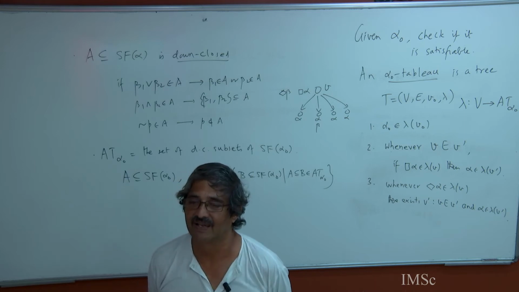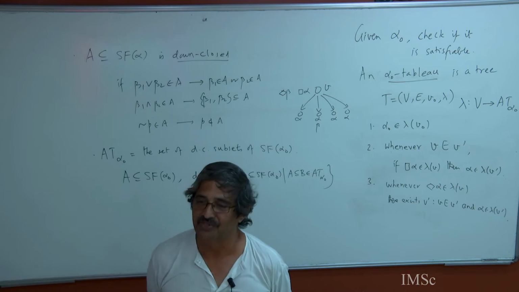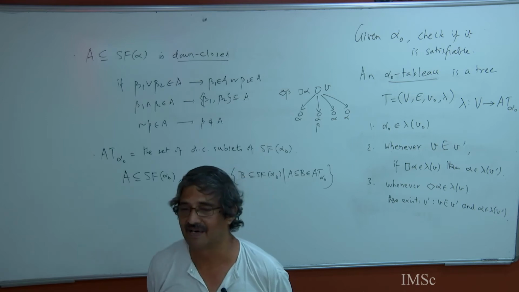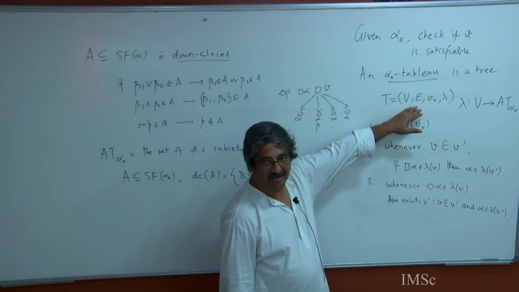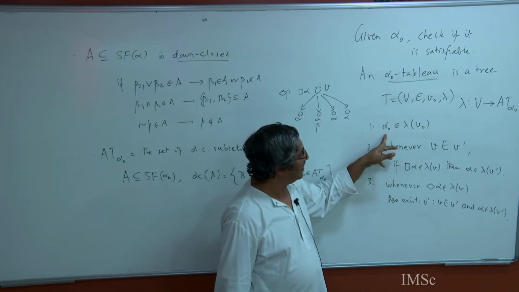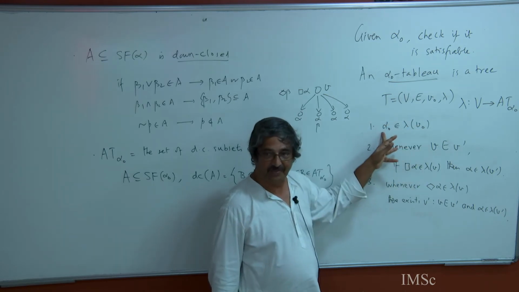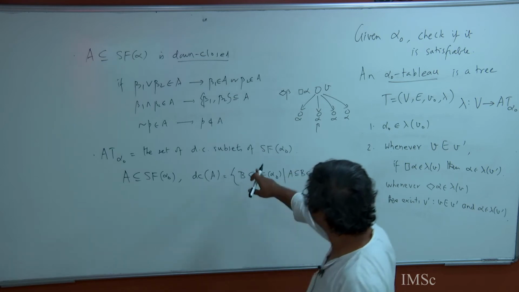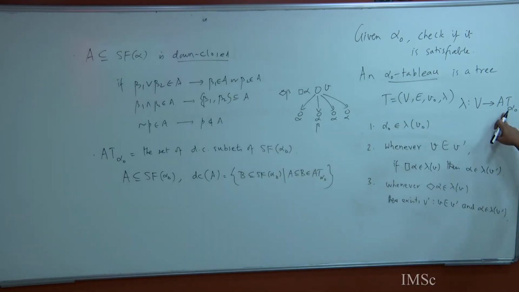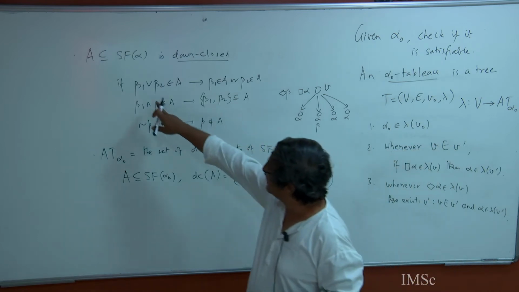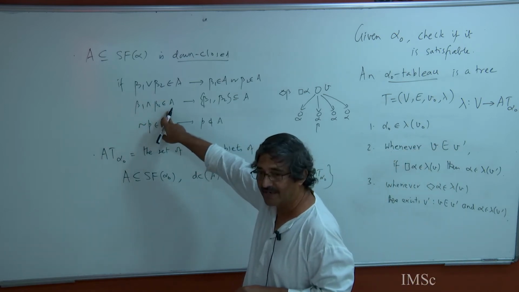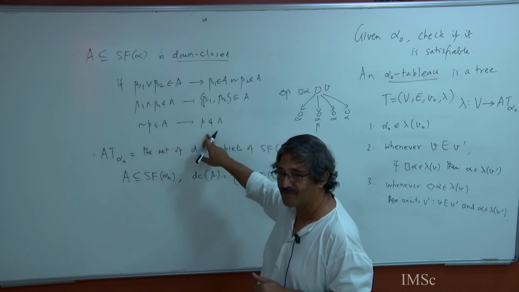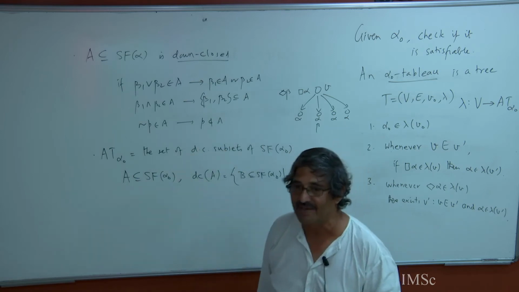Think of P and not P. Suppose your given formula was P and not P. You need a rooted tree, and at the root you are supposed to have alpha naught, which is P and not P. But it's an atom, so if P and not P belong to it, then both P and negation P will be in it. But then another condition says if not P is there, P should not be there. So no such atom exists, right?